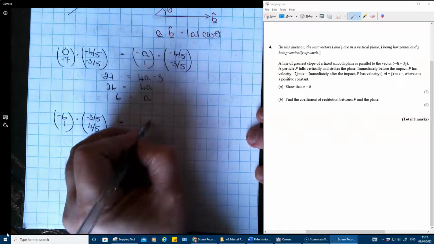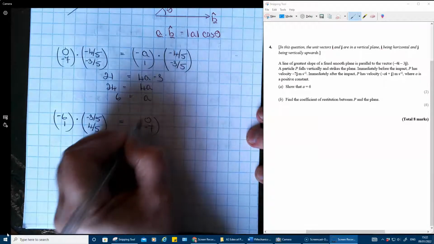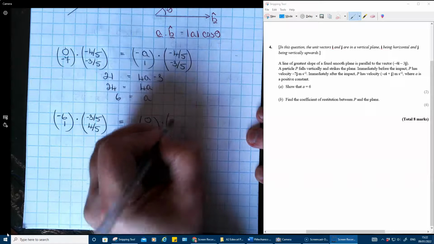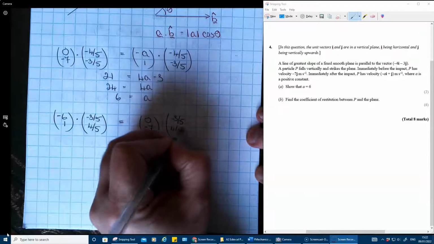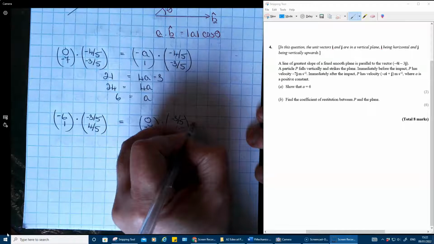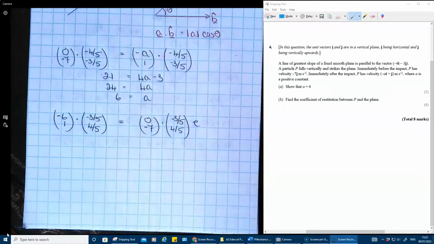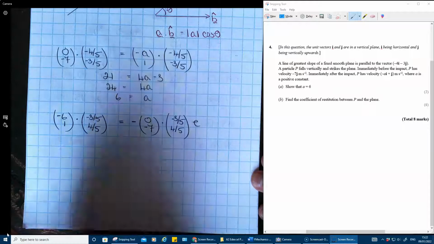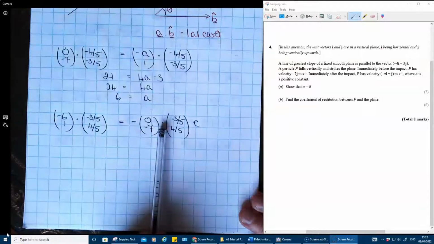That has got the same magnitude as 0, minus 7 dotted with minus 3/5, 4/5 times e. Same magnitude, but clearly the opposite direction, so I'll build that in by putting a minus there, because this one is going away from the slope and this one's coming towards the slope.